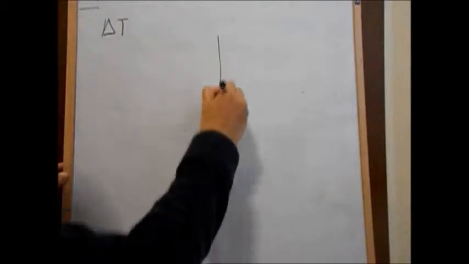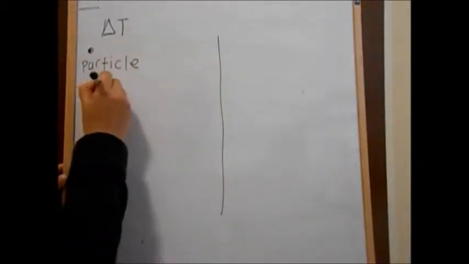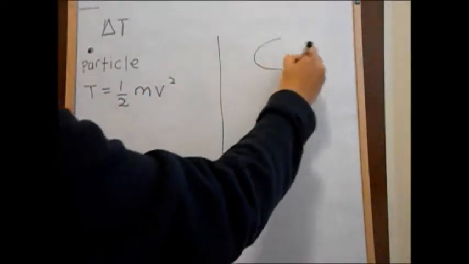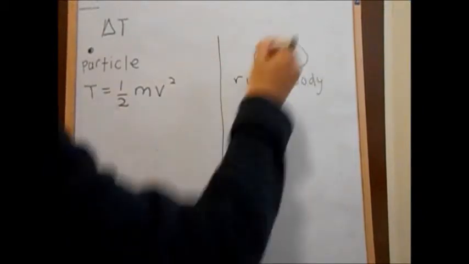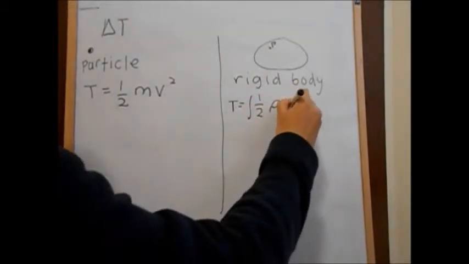Remember that we have learned before the KE for a particle is T equal to half mv squared. Then for a rigid body, you can find KE by summing up the KE of every point in the body by the integration over the body.